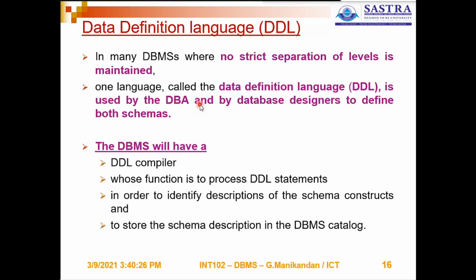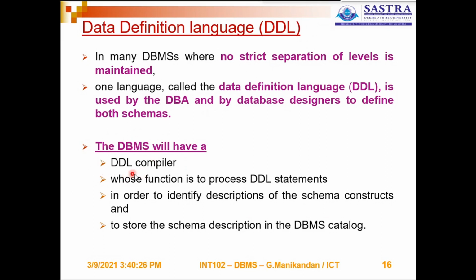In some database management systems, you are not going to have a separation between the physical schema and the conceptual schema. If there is no difference, you can use the single language called data definition language. With respect to this, your DBMS is going to have a DDL compiler, the data definition language compiler.